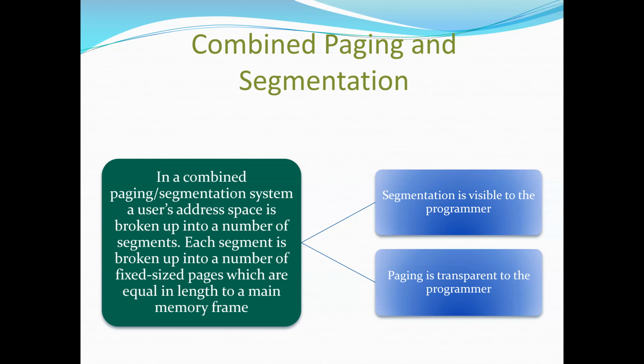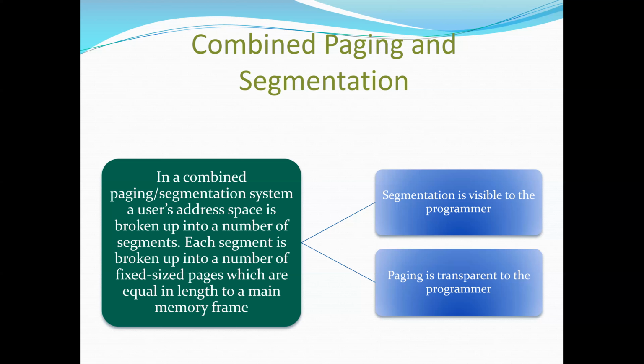Now, to combine the advantages of both, some systems are equipped with processor hardware and operating system software to provide both segmentation and paging. So in a combined paging and segmentation system, a user's address space is broken up into a number of segments, at the discretion of the programmer. Each segment is in turn broken up into a number of fixed-size pages, which are equal in length to a main memory frame.